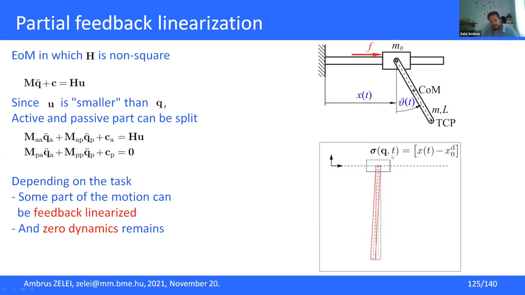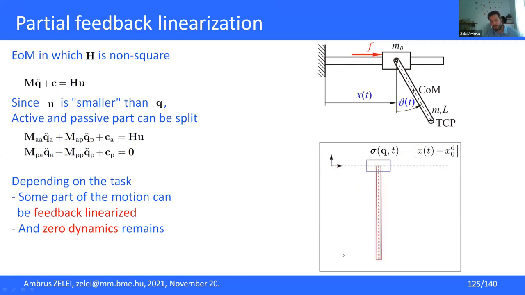So again, let's go back to the example. If I have this model or simple robot, and it's important that the x position of the cart is controlled, then this is the part which can be feedback linearized, so I can control it very accurately if I want.